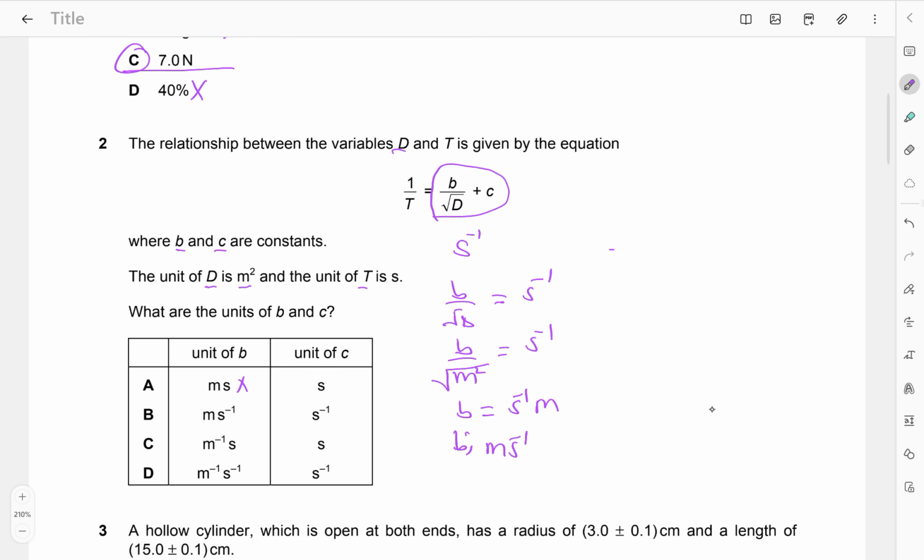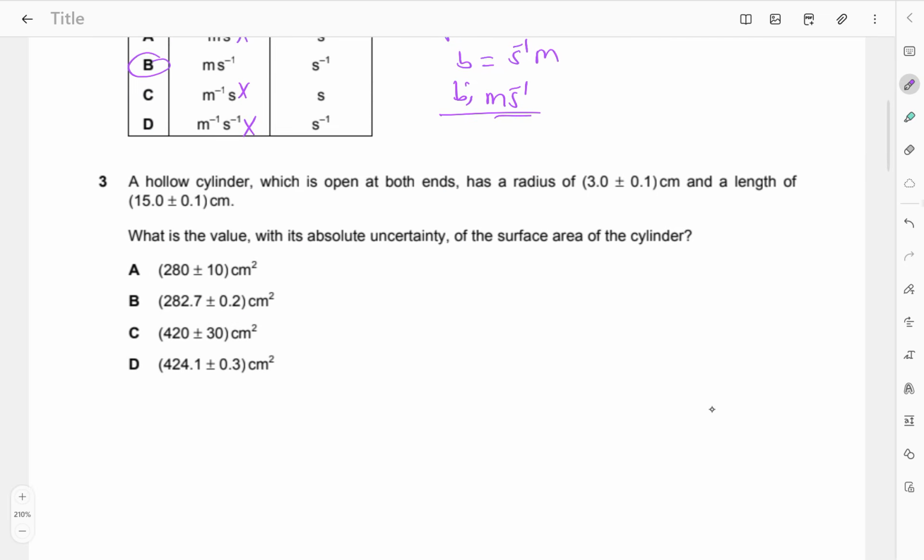So we ignore options with other units. That is enough for us to know that the answer is B. Because we add quantities of the same unit, if b over root of d is per second, then c is also per second. So the answer is going to be B.